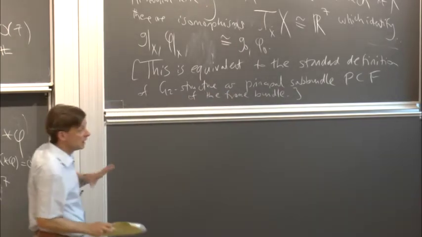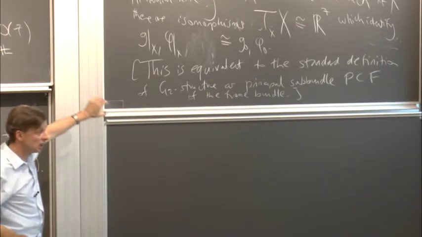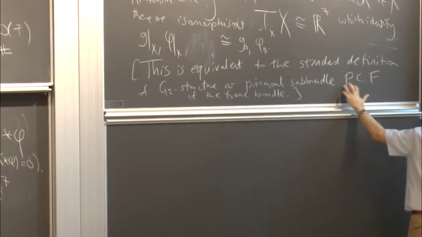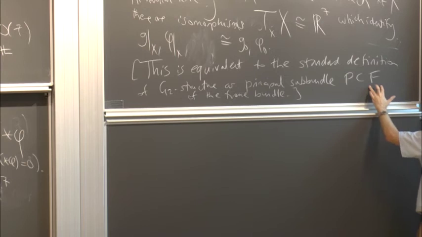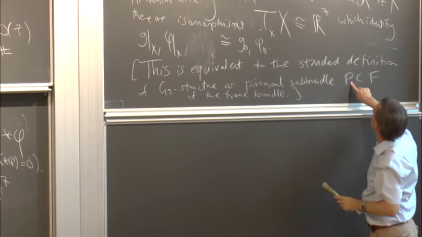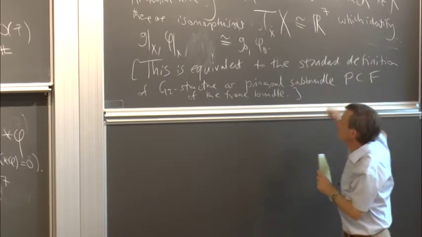It's a rather abstract thing, not very easy to work with. It has structure group G2, rather than GL7R. There's a natural one-to-one correspondence between those things and these things, so I'm going to call these G2 structures.